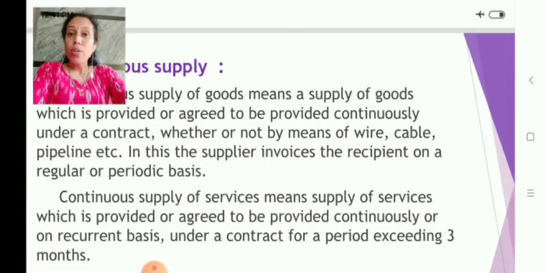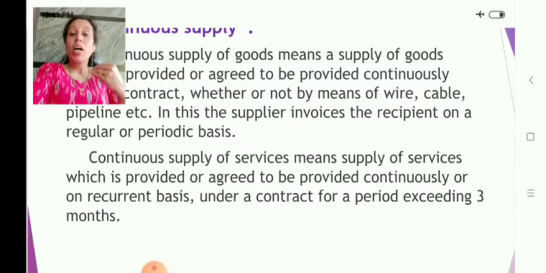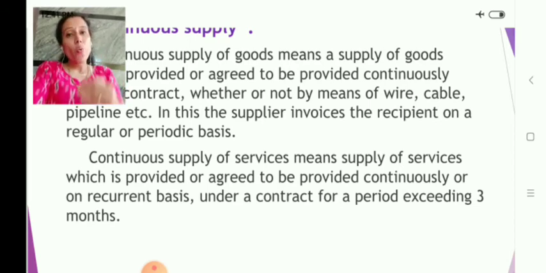In case of continuous supply of services, the difference is that in case of continuous supply of goods, the invoice can be issued either monthly, yearly, or whenever, but it should be issued on a periodic basis, not every day. Whereas in case of continuous supply of services, the invoice, the bill in general words, should be given for every 3 months.